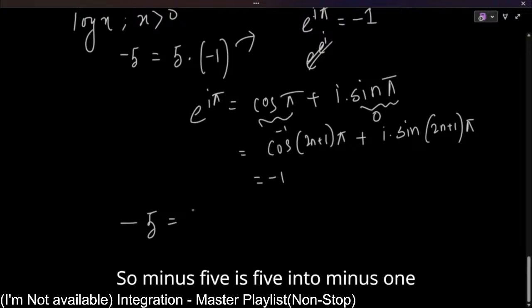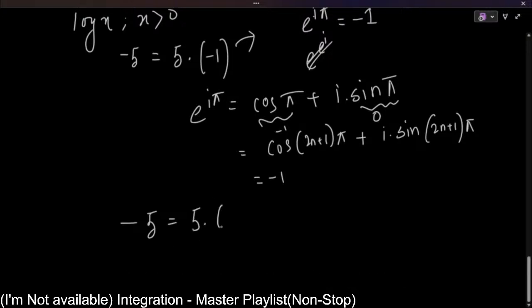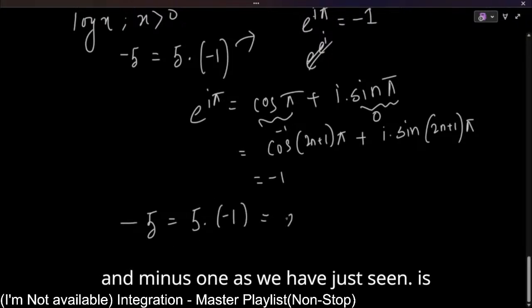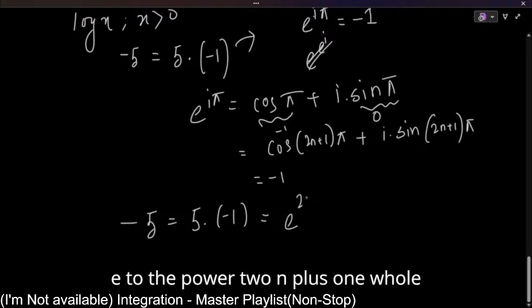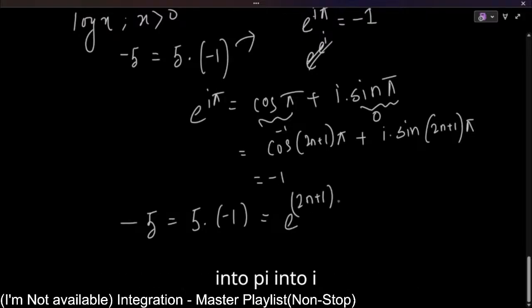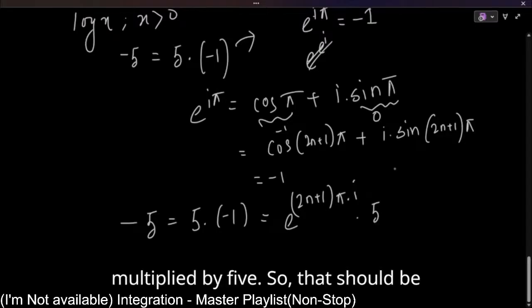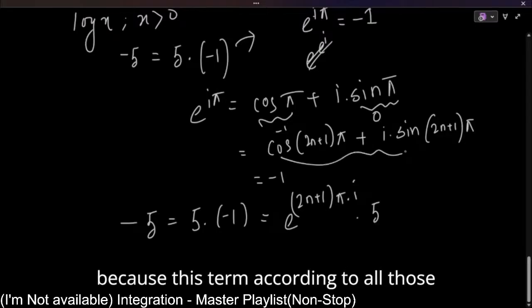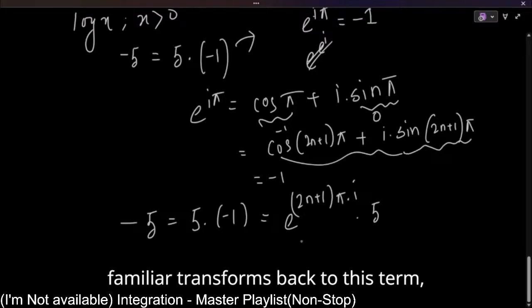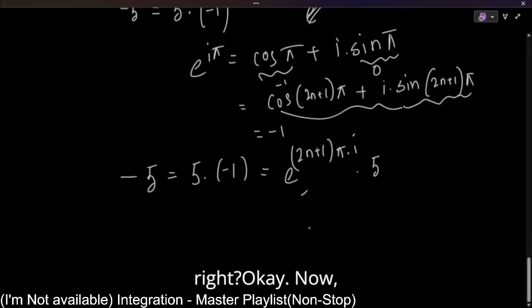So -5 is 5 times -1, and -1, as we have just seen, is e to the power (2n+1) pi i, multiplied by 5. This term, according to Euler's formula, transforms back to -1.